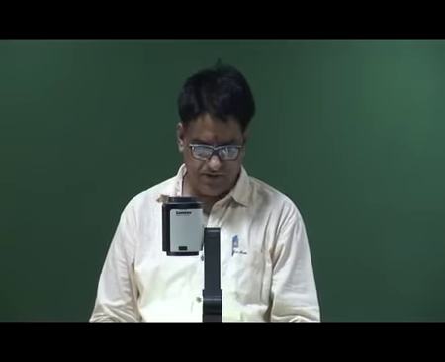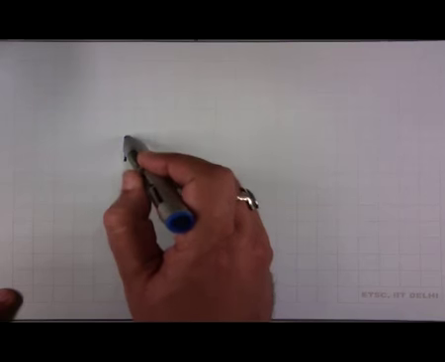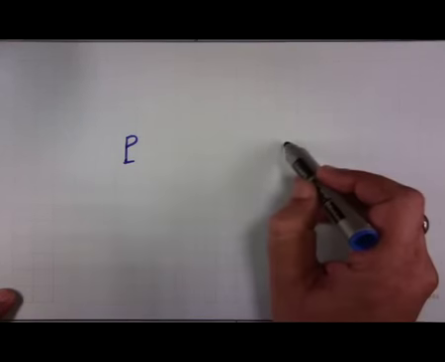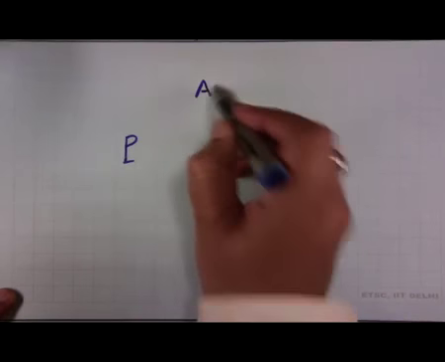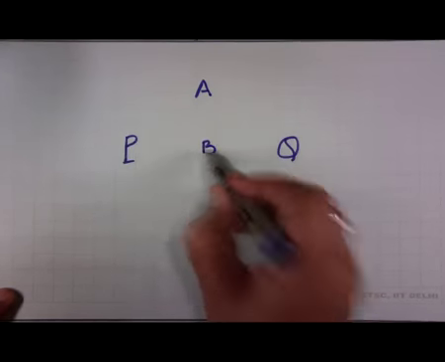Similarly, we have many examples like the transportation problem. Say there are 2 factories, P and Q, and 3 warehouses.